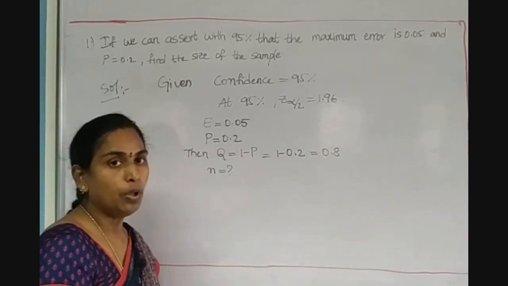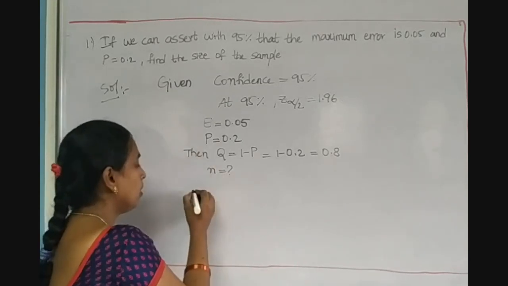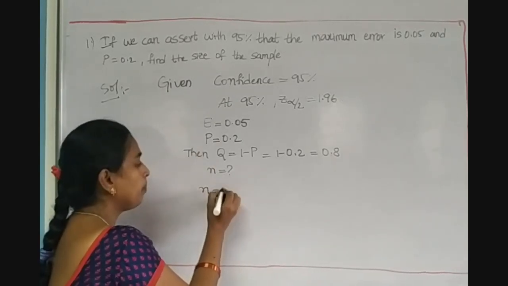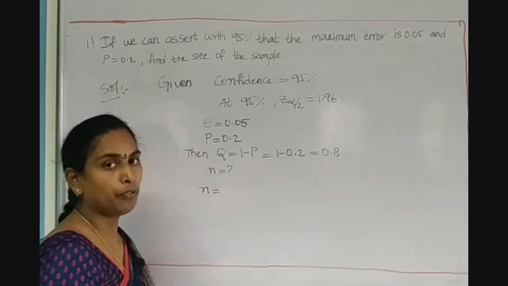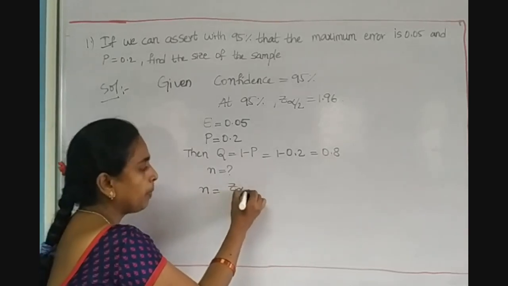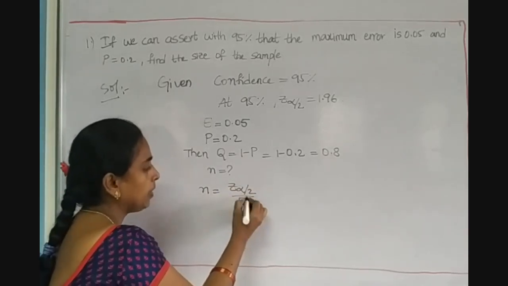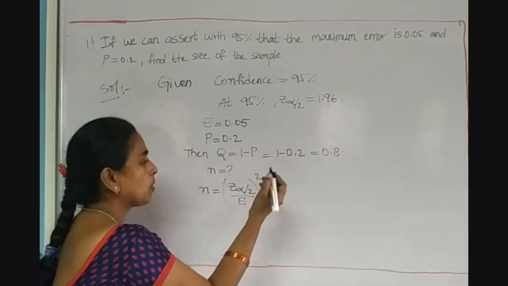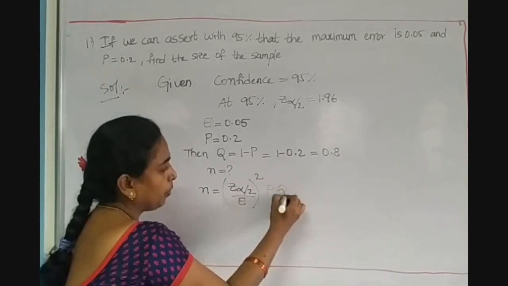Now we know that the sample size n can be calculated by using the formula Z alpha by 2 by E whole square into PQ.